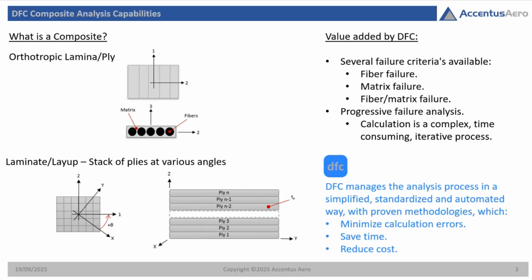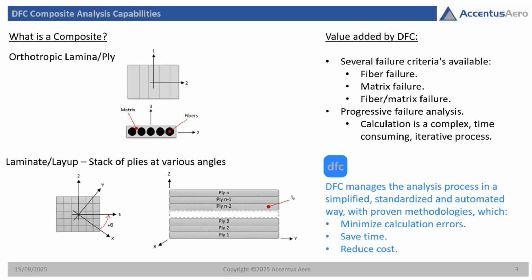So just briefly, the value added by DFC in these analyses is that we have several fiber and matrix failure criteria: fiber separate, matrix separate, and then also criteria that do not distinguish between whether it's a fiber or matrix failure. So we've got a lot more available than standard in Nastran.